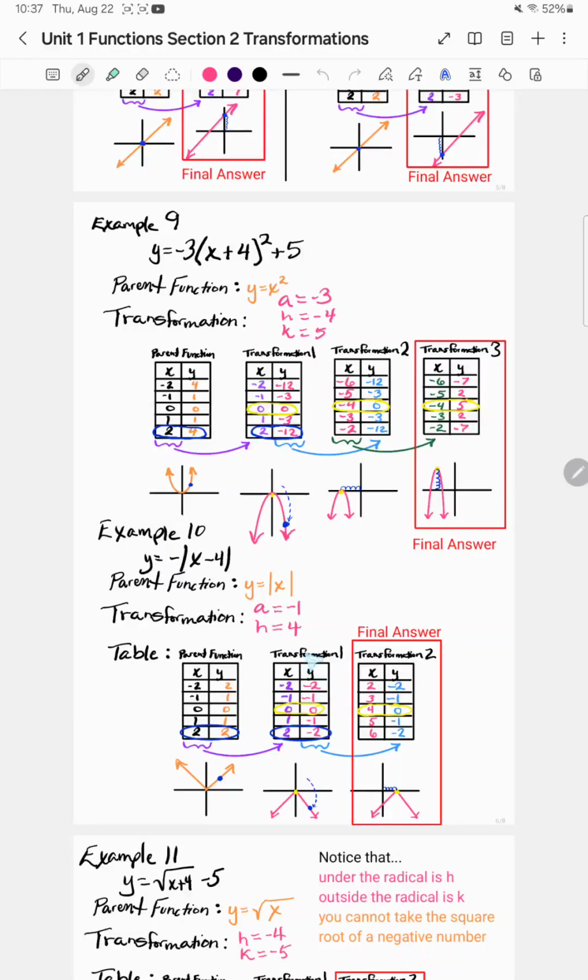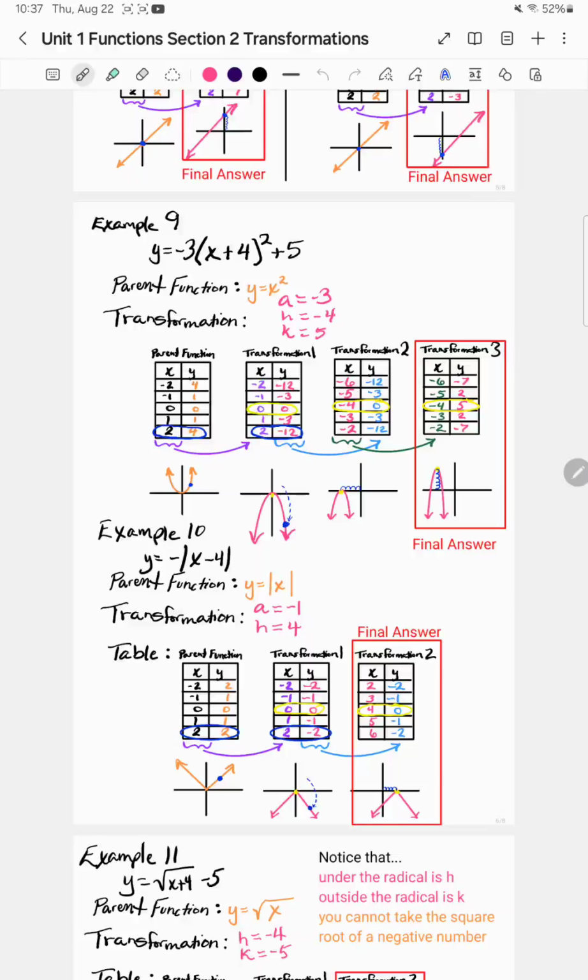When I move into my transformation, my first transformation is that A equals negative 1. So that means X values stay the same and Y values change. I'm going to take each number and multiply it by -1. 2 times -1 is -2. 1 times -1 is -1. 0 times -1 is still 0. 1 times -1 is -1.